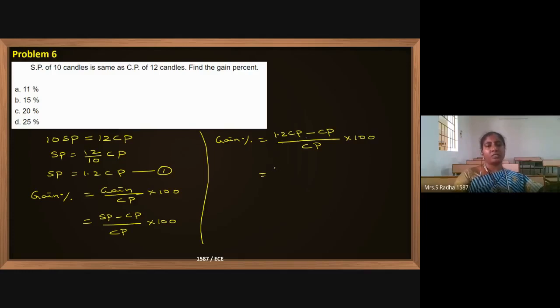Now if you take cost price common in the numerator, it is 1.2 minus 1 divided by cost price into 100. You can just cancel this. It is 0.2 into 100, which is 20. So 20 percentage is gain percent in this problem.